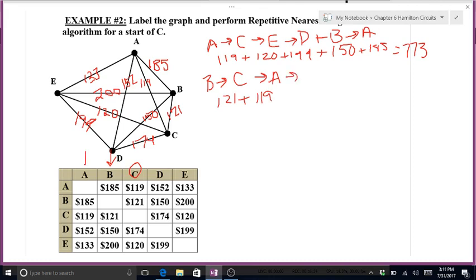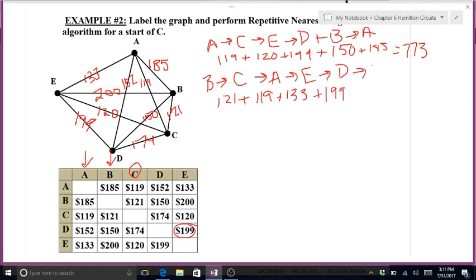Now I move on to column A. Column A, C is the shortest, but I've already been there. E is my next one. So that's 133. I have to go from E to D. So from E to D is this number right here, so 199.